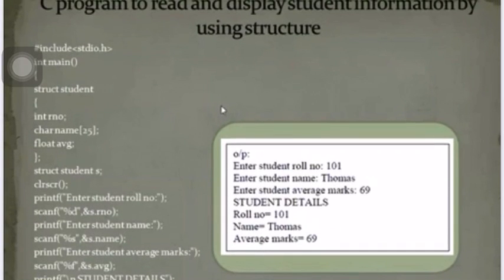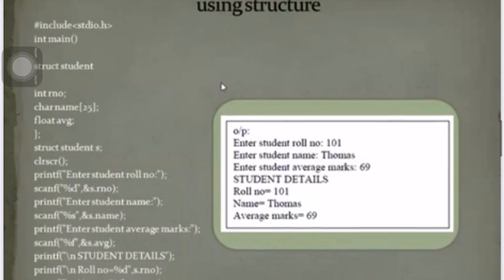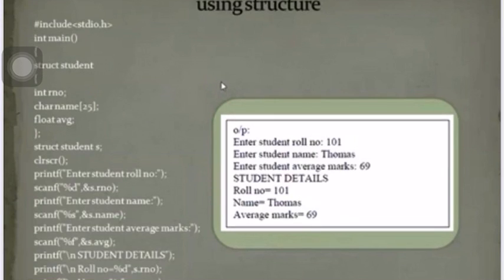Here we are using the library function include stdio.h, then the integer main function which returns integer values, then opening the bracket and starting with the structure. You can see integer roll number, character name, float average. Average we are using as floating type here.